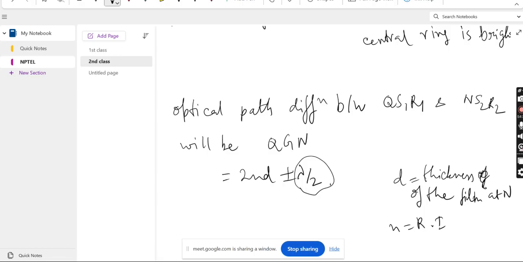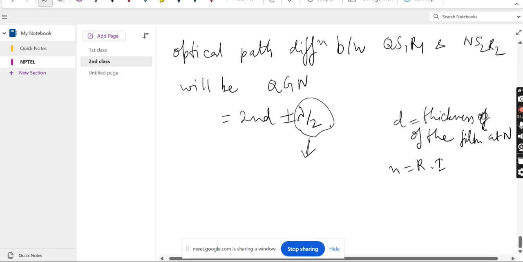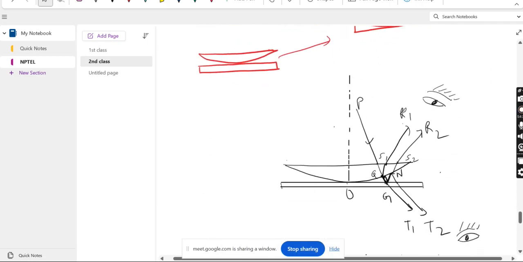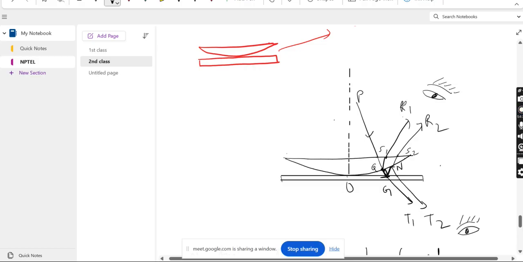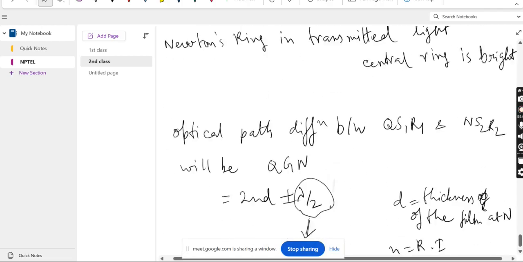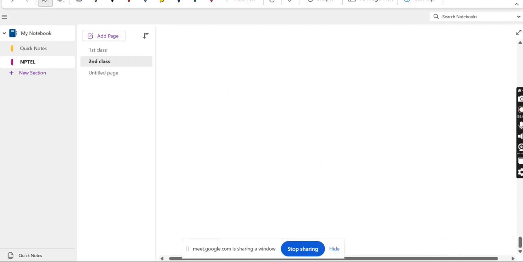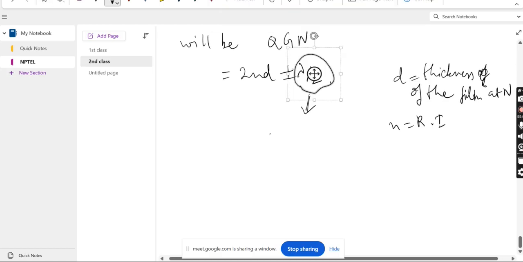It is because it accounts for the phase change at the reflection at this point G. At G the light is being reflected from a denser surface, so there should be a phase change, and that phase change can be accounted for by this addition or subtraction of lambda by 2.